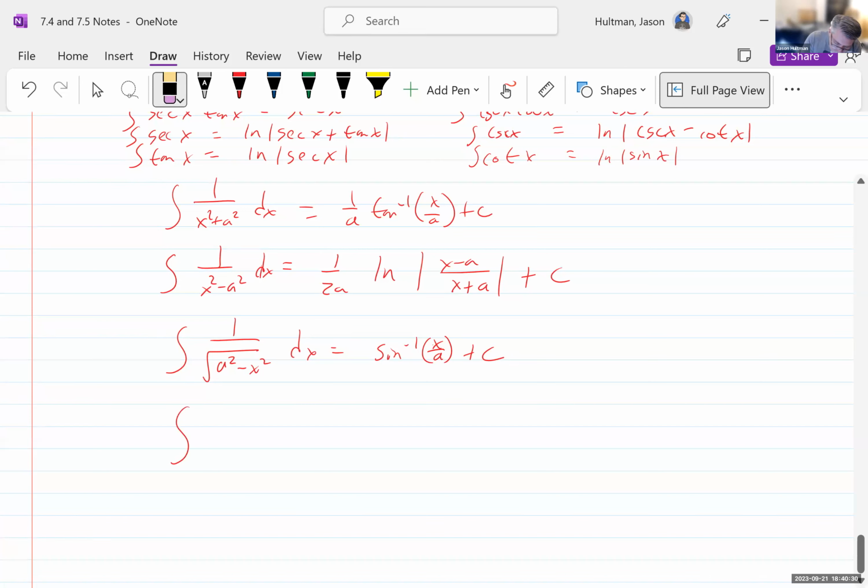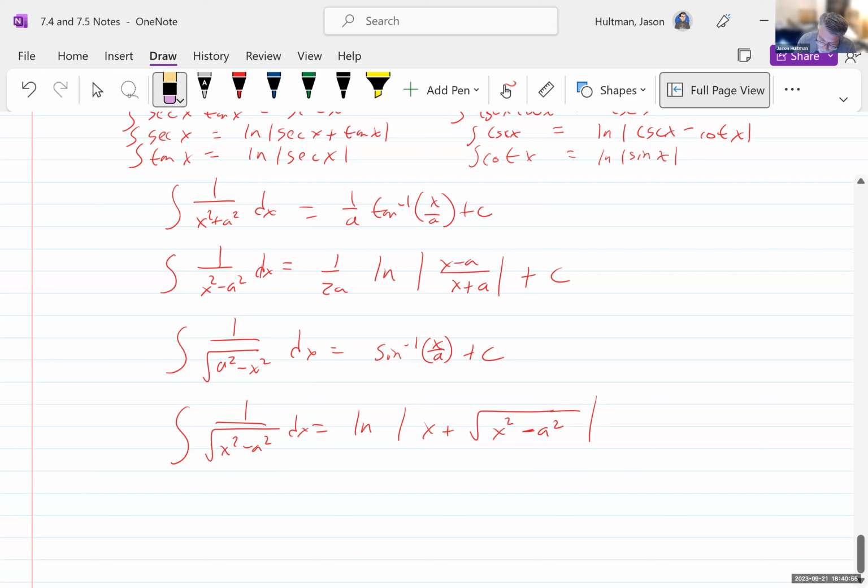And the integral of 1 over the square root of x squared minus a squared dx is equal to the natural log of x plus the square root of x squared minus a squared.